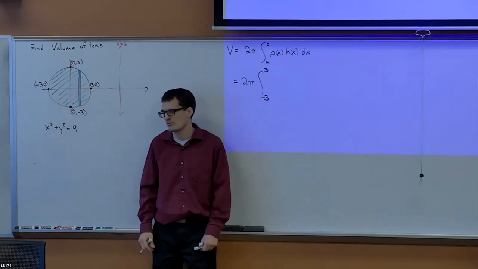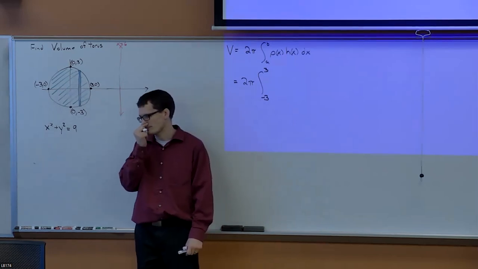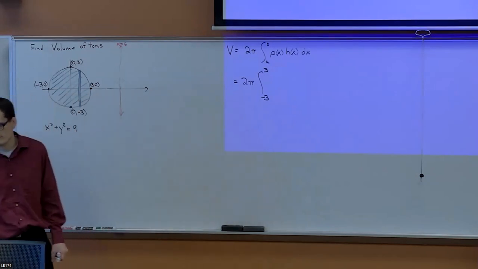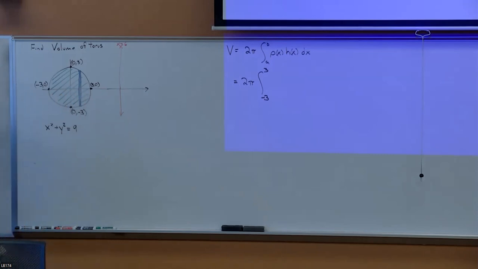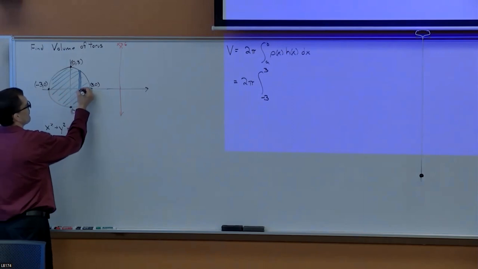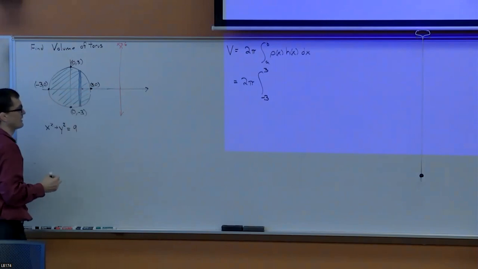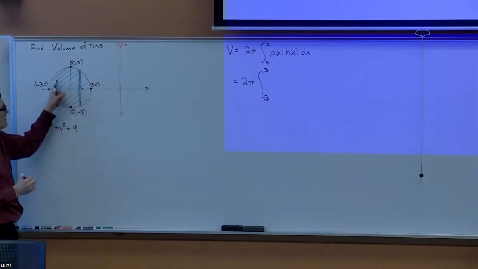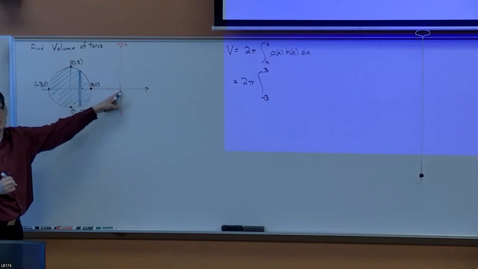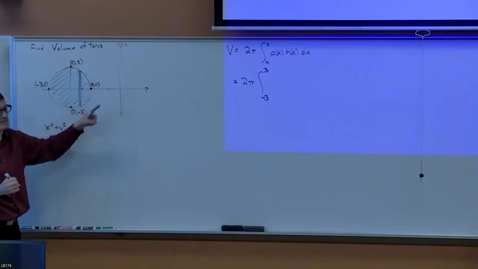So you have to have square roots in there too. So -3 to +3. Now let's talk about the radius. Well, wherever that Riemann rectangle is at, whether it's here, here, here, here, here, it's at an arbitrary x value, and we're rotating around the line x equals 6.